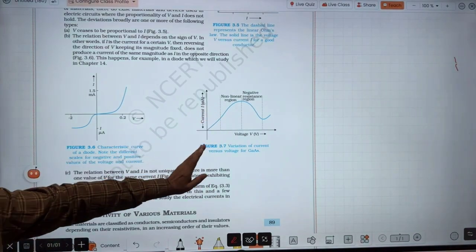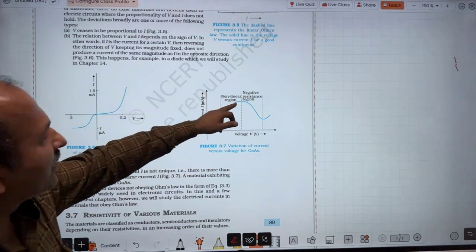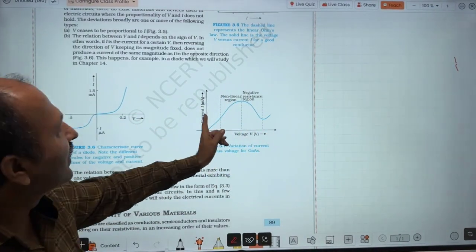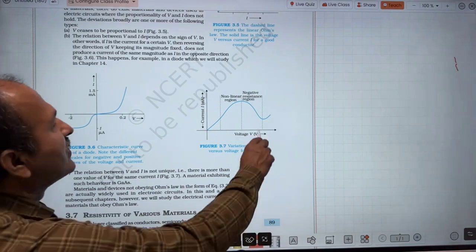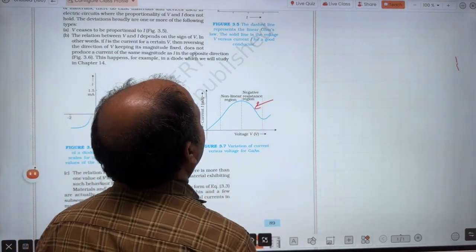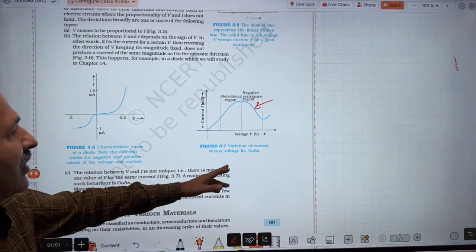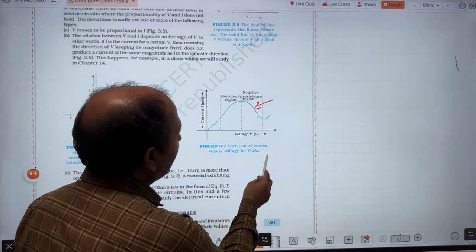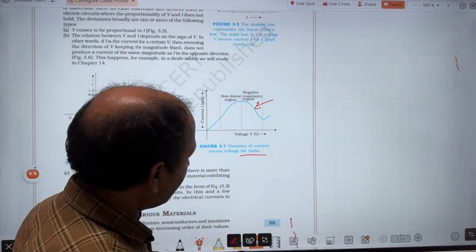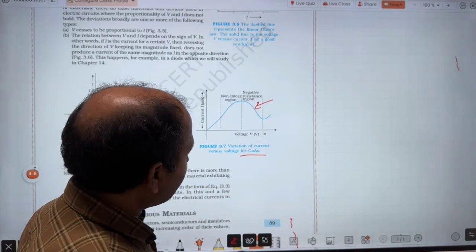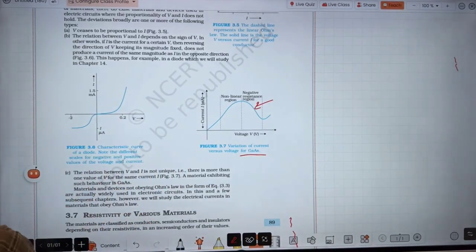That is okay, it means there is a deviation from Ohm's law. But from this point, voltage is increasing and current is decreasing. So this region is the negative resistance region. This is important, and sometimes this question comes in your exam. The material that exhibits negative resistance is gallium arsenide.